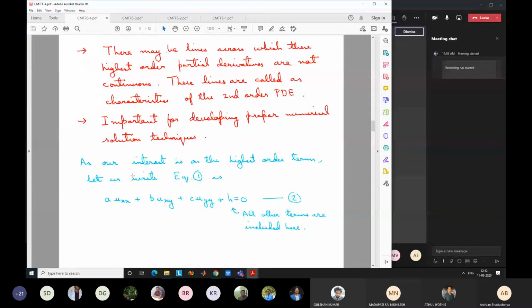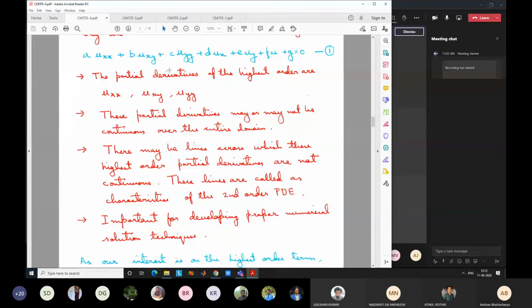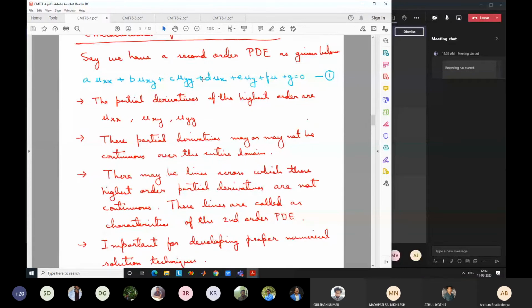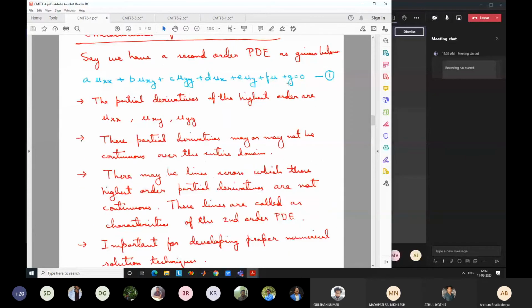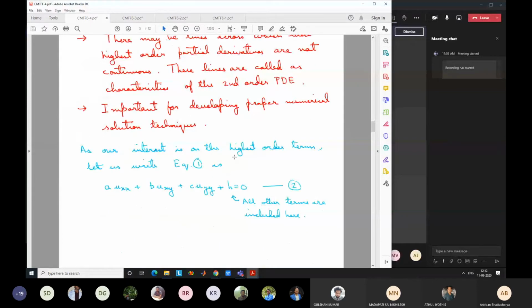As our interest is on the highest order terms, let us write the same equation as A u_xx plus B u_xy plus C u_yy, these three highest order terms, plus all the lower order terms clubbed in a single term. Let us call this H, because we already have up to G here. These lower order terms are not so important for us.